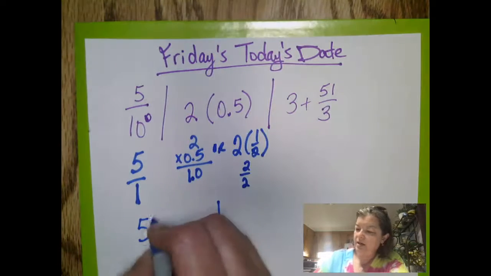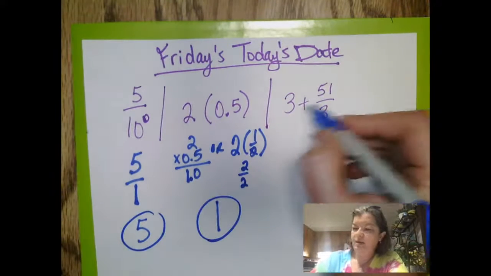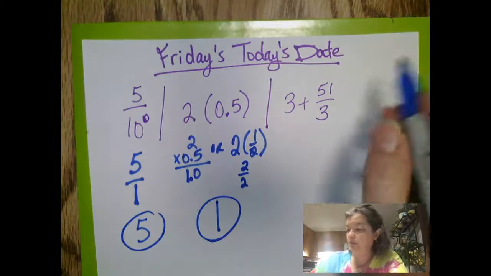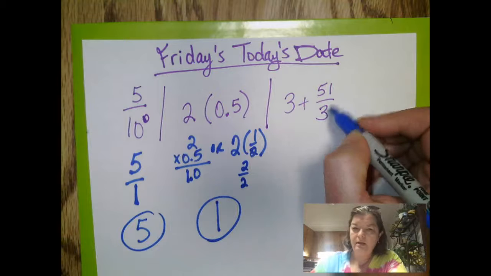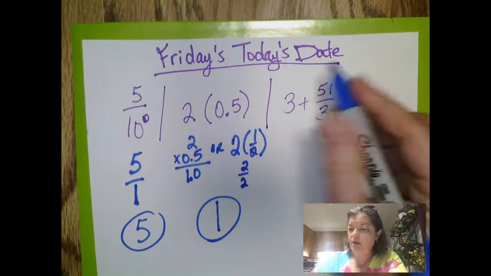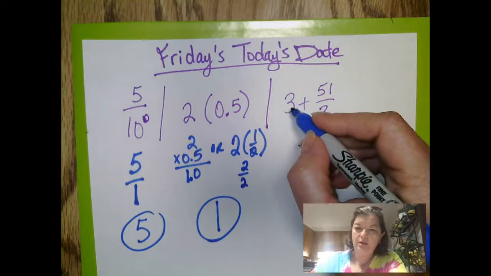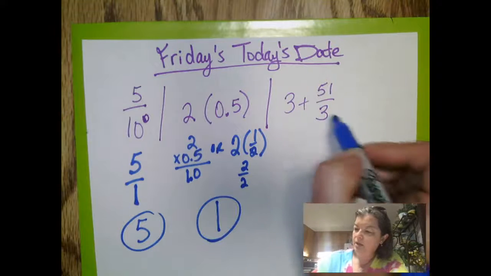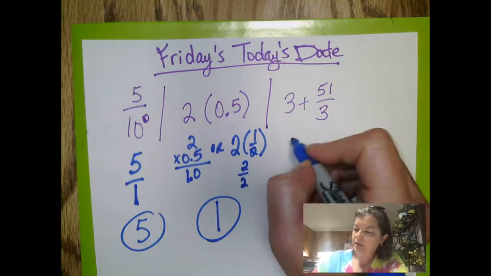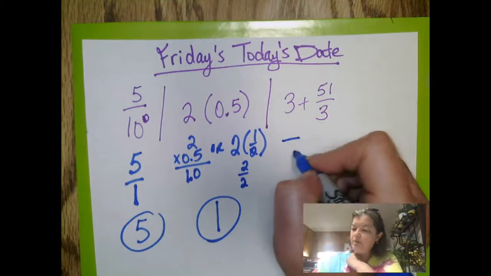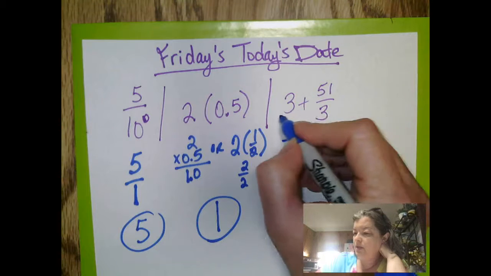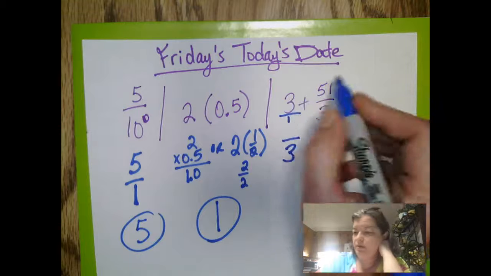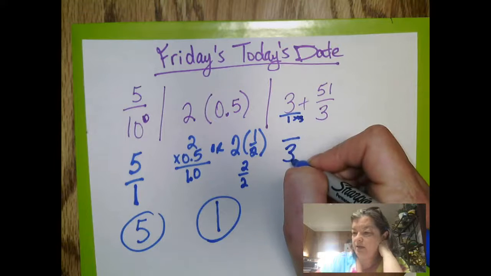Lastly here, we've got some addition, but we've got a fraction. Well, this fraction can't be simplified any further, and it's over 3. I can turn it into a mixed number and add to this whole number, but I would rather just turn this one into a fraction. And whenever you add, you've got to have the denominator the same. So with that 3, I'm going to turn it into a fraction where the denominator is 3. So if this one is actually 3 over 1, I've multiplied it by 3 to get this 3.